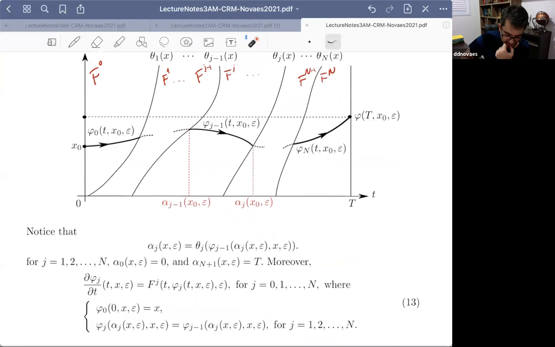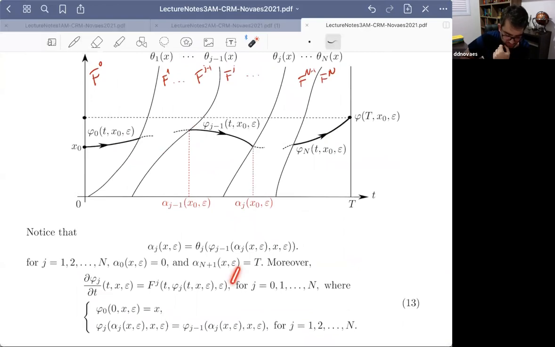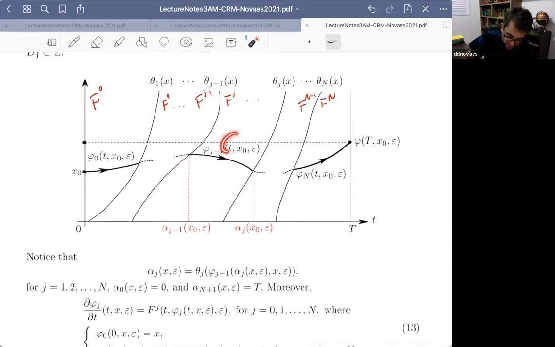It's not any solution of this differential equation, but we have to fix the initial condition. So here we have to be careful with this definition, because when one sees this, one can think that for t equals 0, the value is equal to x0, but it's not true. This is just indexing and making explicit the dependence on the initial condition, but I'm not saying that for t equals 0, this expression is equal to x0.